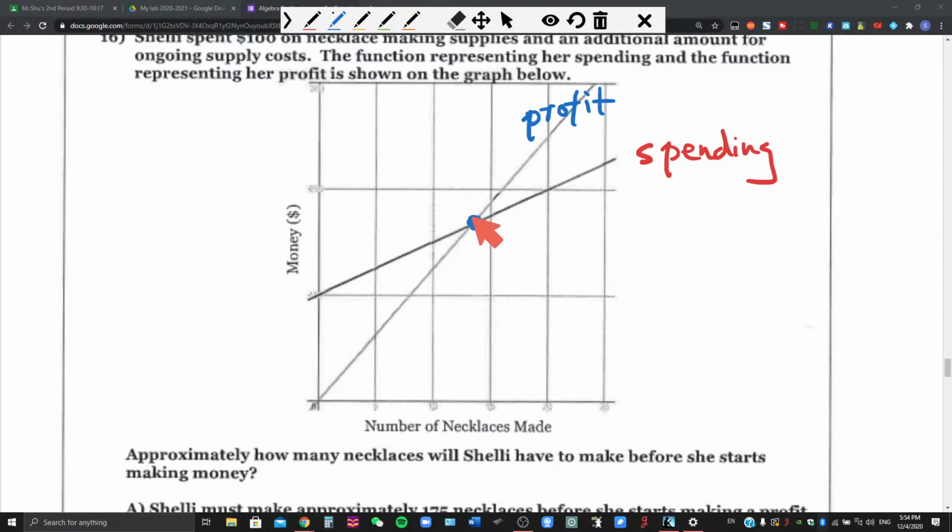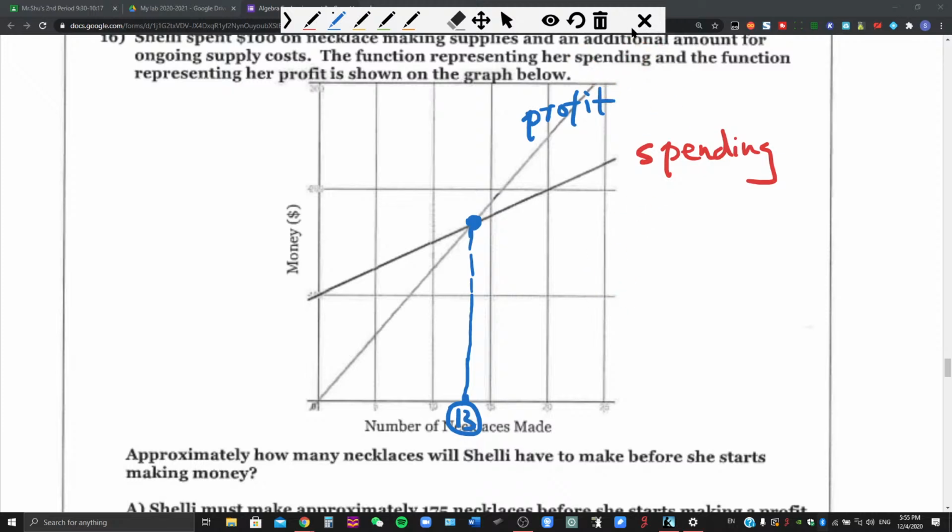That means after this point, she will be making more profit than spending, or she starts making money. And this point, if we read the graph, is between 10 and 15. So it's around 13 something. We can say after making 13 necklaces, Shelly will likely make more profit than spending.